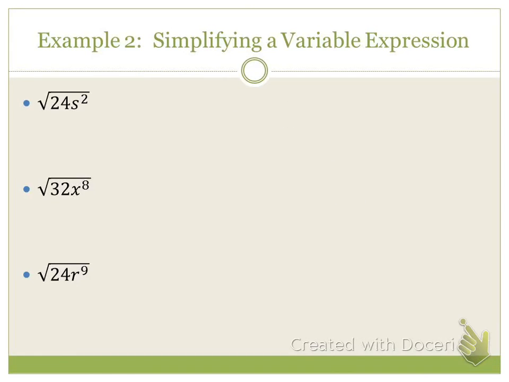All right, example 2. Now we're going to simplify a variable expression. So now we have variables involved as well. Okay? So we need to pull out what we can out of the radical. I just need to mention that you're not going to see anything above an exponent of 2 on your homework, quiz or test.